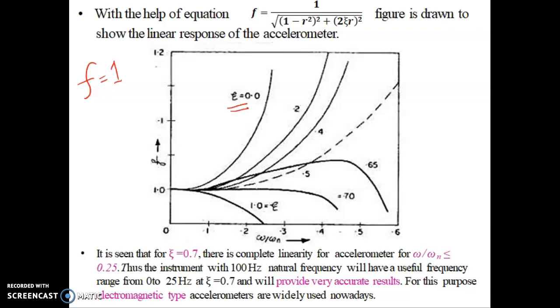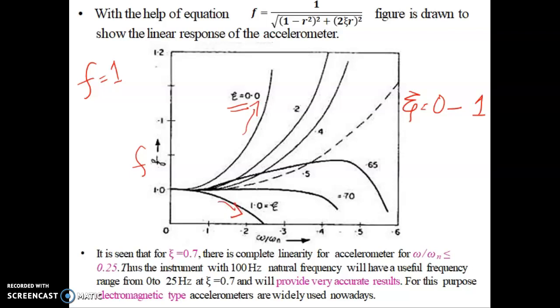Normally theta values range from 0 to 1. So in this curve, on the y-axis we have f, and on the x-axis it is r, that is omega by omega n, and we have different curves with different theta values. This one represents theta equal to 0, and this is theta equal to 1.